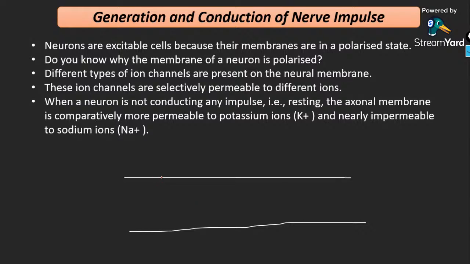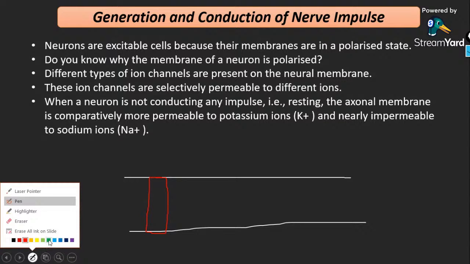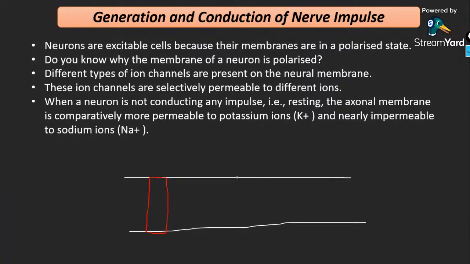I will introduce you to three important channels that take part in nerve impulse generation and conduction. After I draw the diagram, I will tell you. The diagram may not be perfectly clear. Channel number one, channel number two, and channel number three.